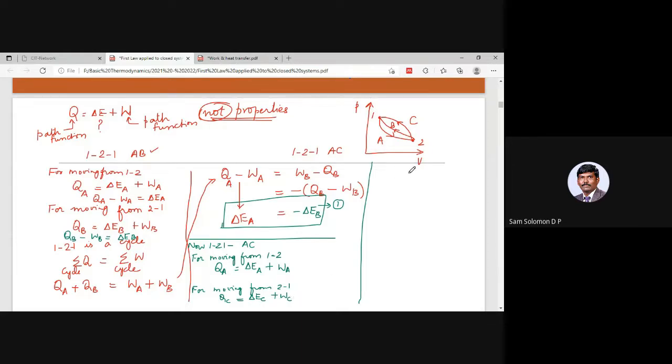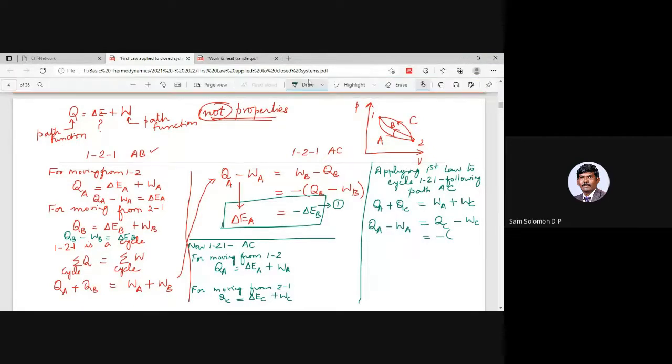Now applying the first law to the cycle 1 to 1 following path AC, because it is a cycle, I can write QA plus QC is equal to WA plus WC, or I can rewrite this as QA minus WA equal to minus of, sorry, this should be WC minus QC.